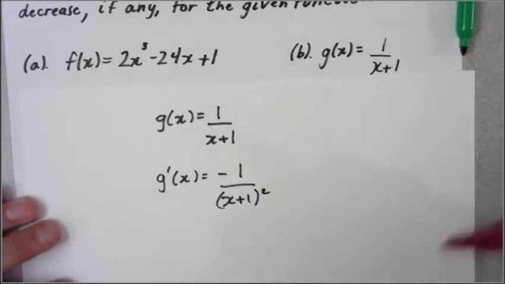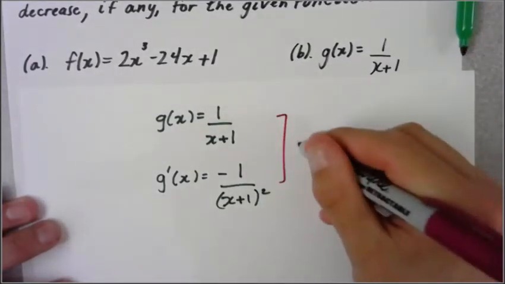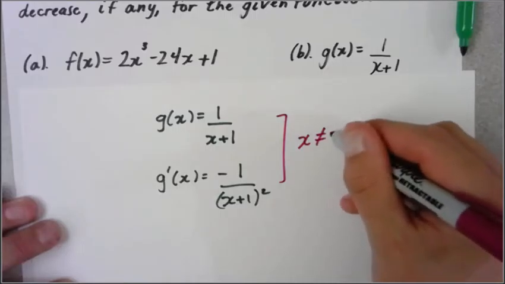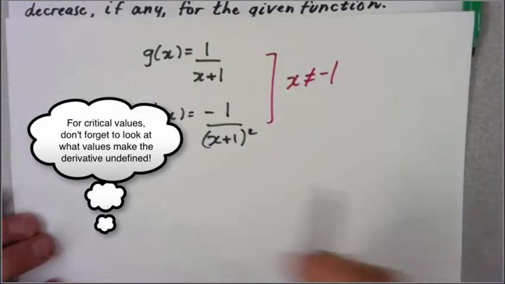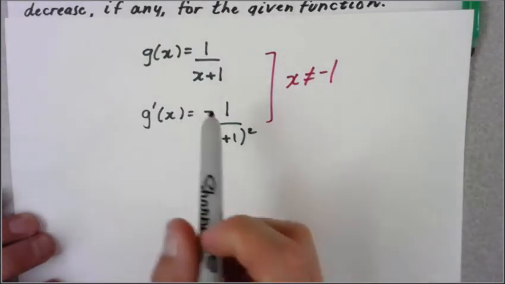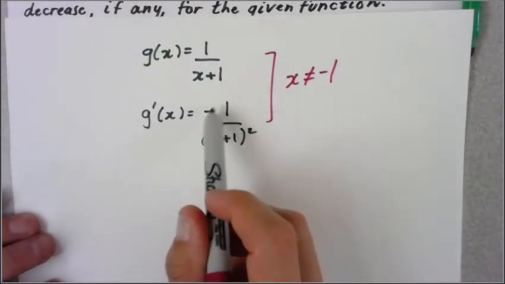Notice that in both cases, x cannot equal negative 1. There are no other zeros, and there's no other way to make this 0 because the numerator is a constant.